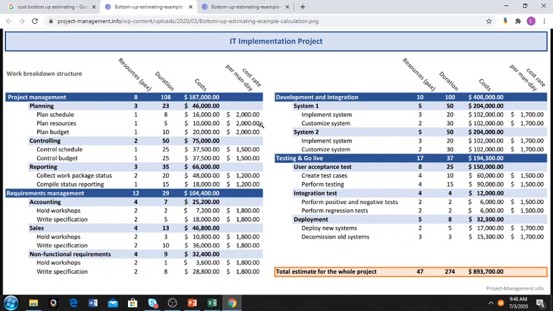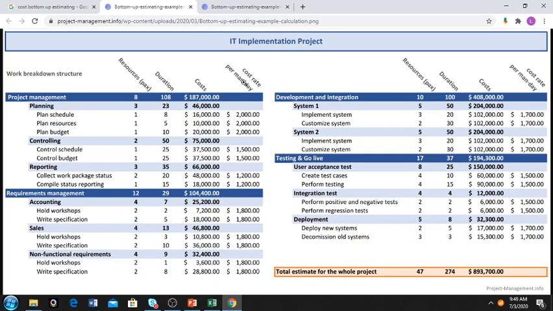And you see that all of this uses parametric estimation. So you use parametric estimation in conjunction with bottom-up estimation. Why is it parametric? Because you have the number of resources here, you have duration in terms of days, then you have unit prices, and then you multiply.